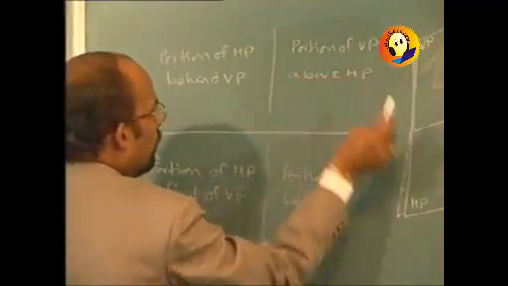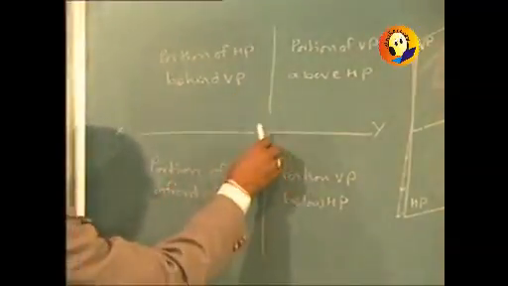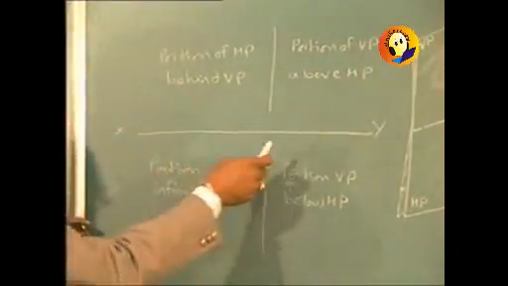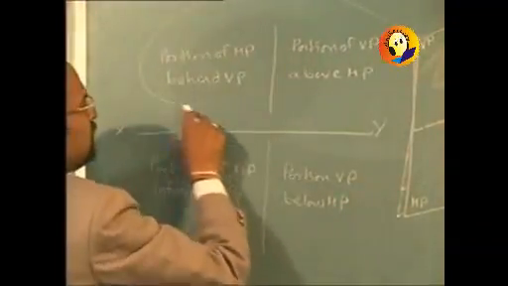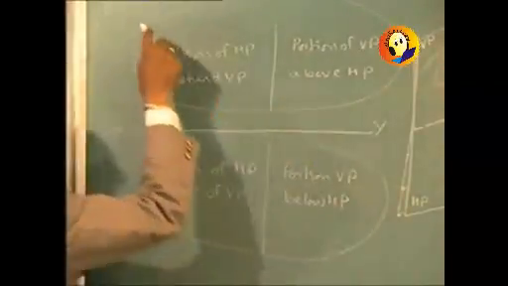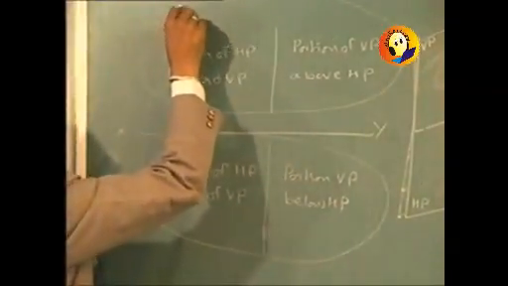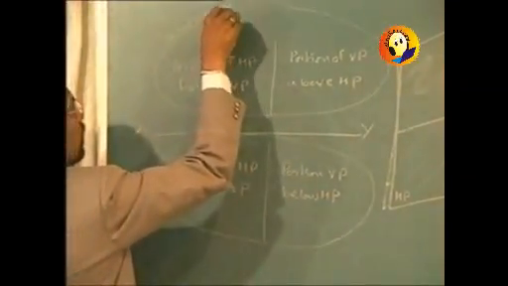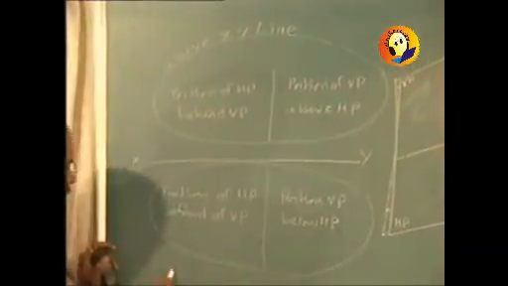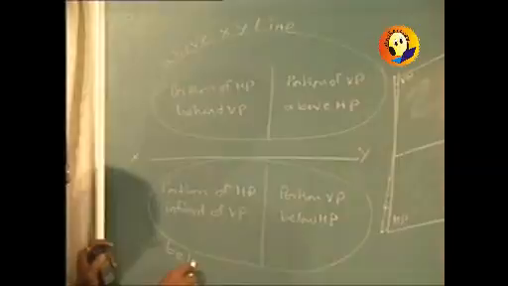horizontal plane. Now, though I am drawing these lines, it doesn't mean that this right portion belongs to something and left portion. It is the entire region which is above XY line. This is below XY line. And this is below XY line.